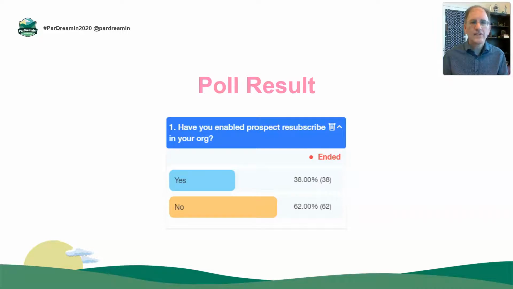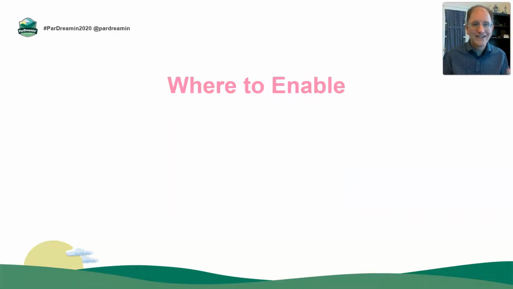Now, what is prospect resubscribe, I guess is what we have to go over at this point, and how do you enable it? So it's a little bit tricky as to where it is in the system and how to enable it. So before we get into that, what I'm going to mention first is you need to have an email at the ready before you enable this feature, because you have to have an email that gets launched when someone resubscribes.